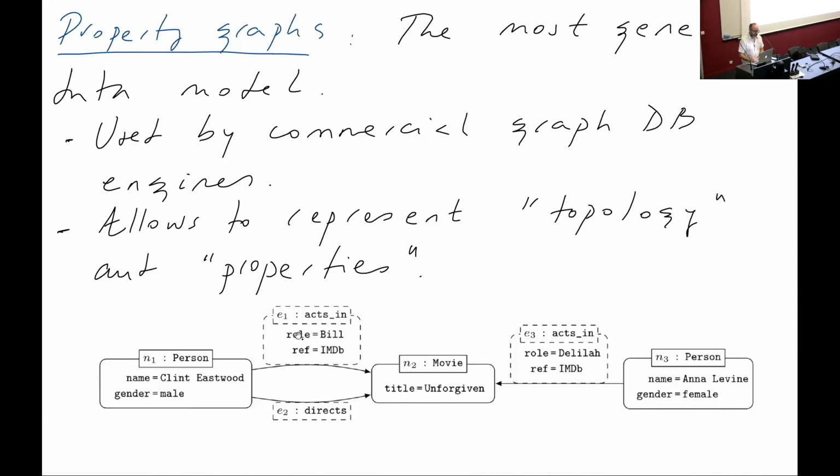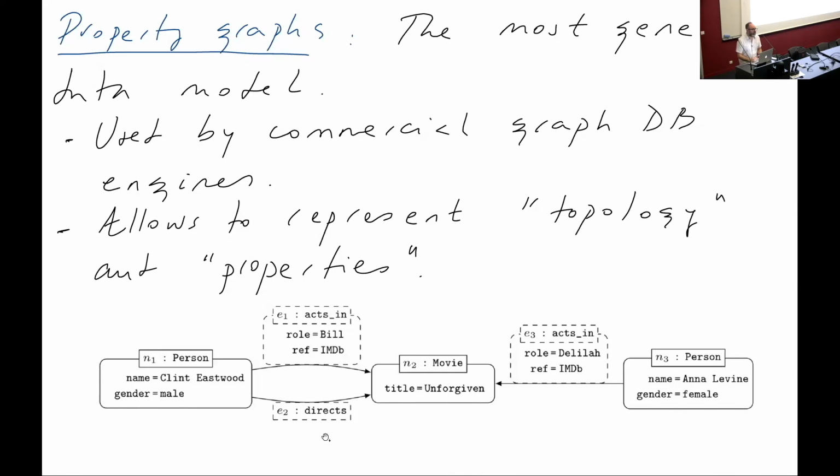So we can, for instance, qualify the way in which Clint Eastwood acts in the movie Unforgiven. We can say he acts in the role of Bill. The reference is IMDb. And by the way, he also directs this movie. But notice that this edge here has a label, but it's not qualified, right? There are no property values.